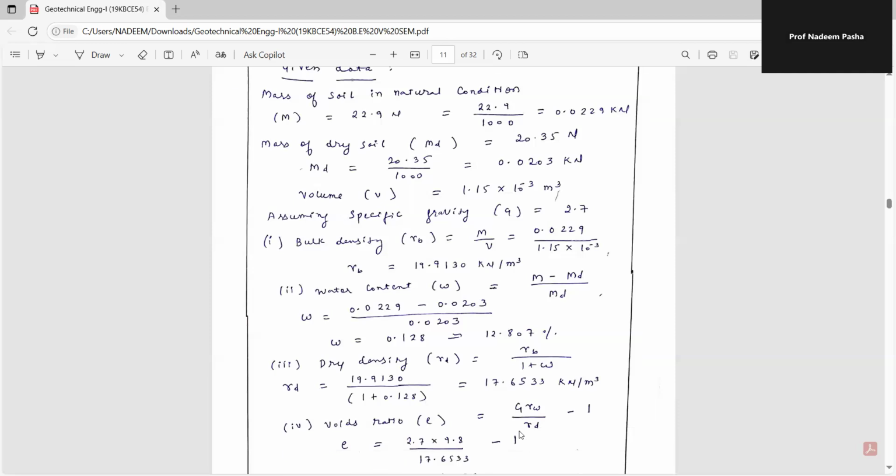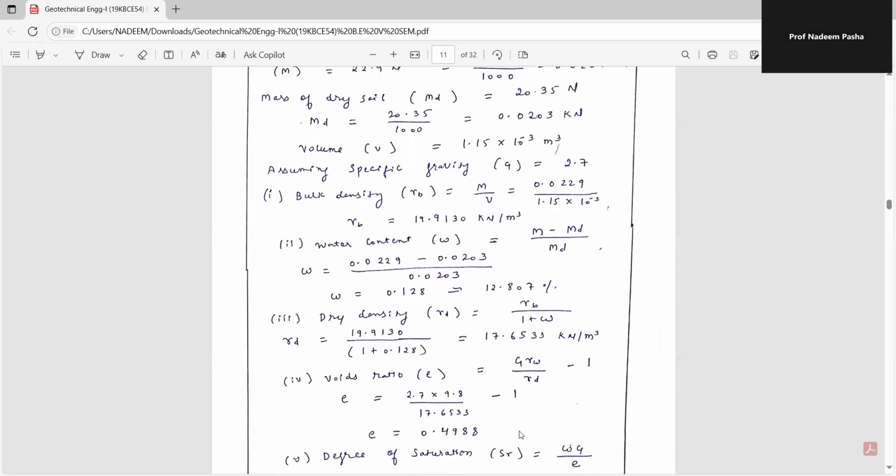So your voids ratio is equal to G gamma W by gamma D minus 1. Or E is equal to G, which is 2.7, into gamma W, which is 9.8, divided by gamma D, which is 17.6533, minus 1. So your voids ratio E comes out to be 0.4988.